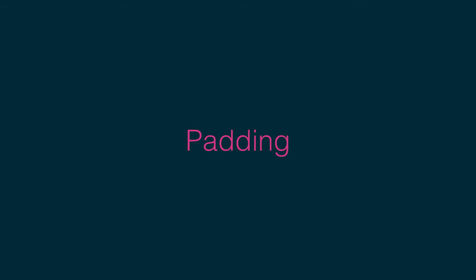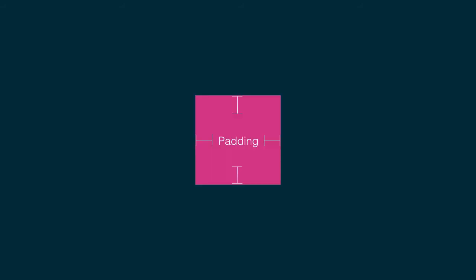So another kind of property that we talked about was padding. And I described padding as the element pushing in on its own contents. I didn't specify all of the padding attributes. There's padding right, padding left, just like margin.